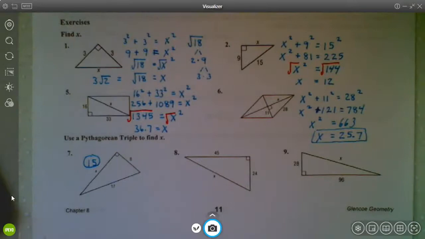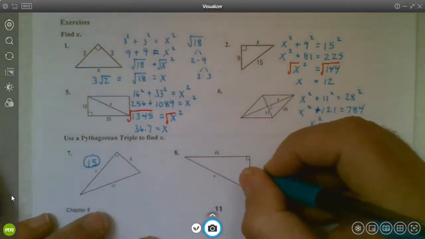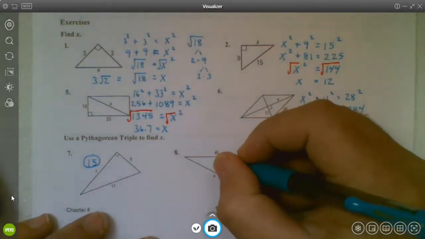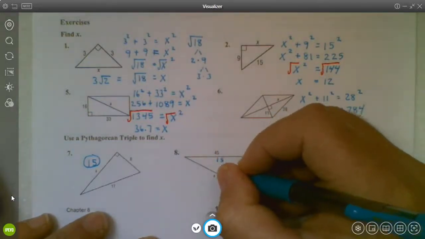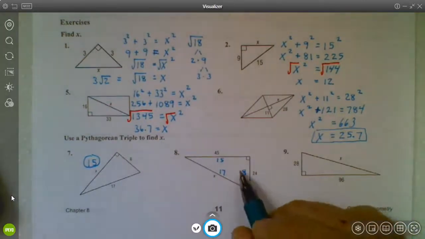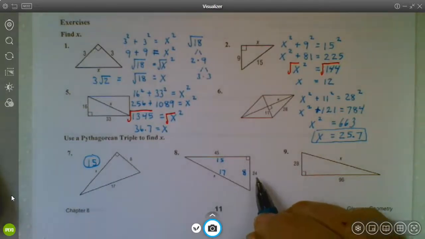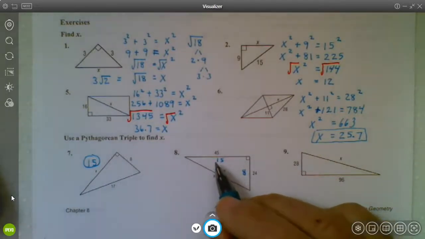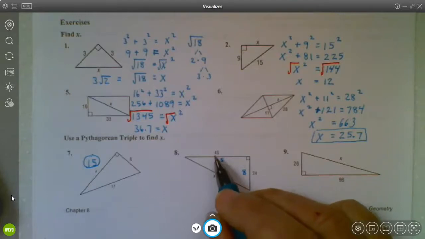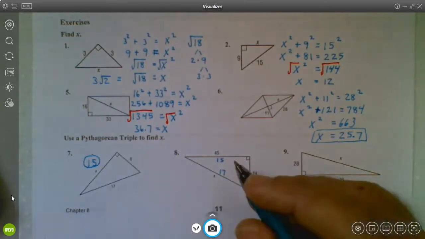This one is just a little tougher to see, but again, I want you to remember, if I had an 8, 15, 17 right triangle, well, what do I get if I multiply all of those numbers by 3? Well, 8 times 3 is 24. 15 times 3 is 45. So this one must be 17 times 3, which is going to be 51.